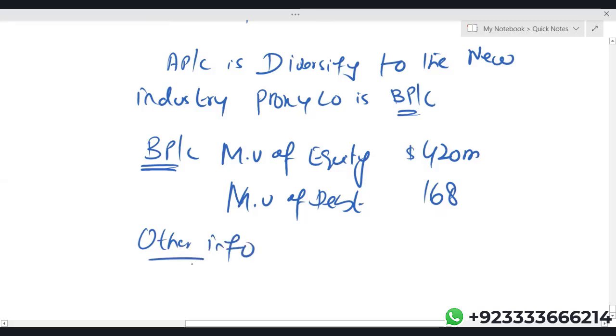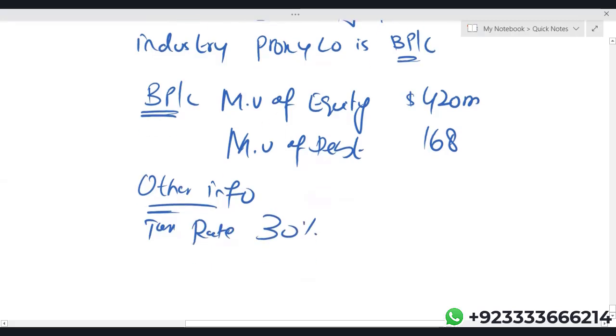Other info: tax rate is 30%. KD is, let's say, 5%.